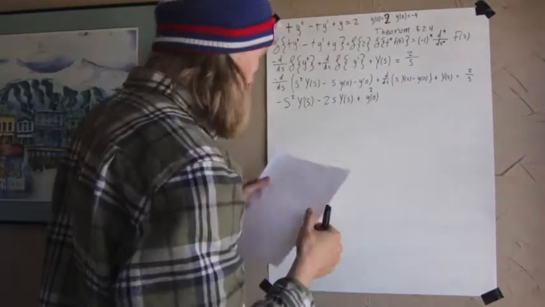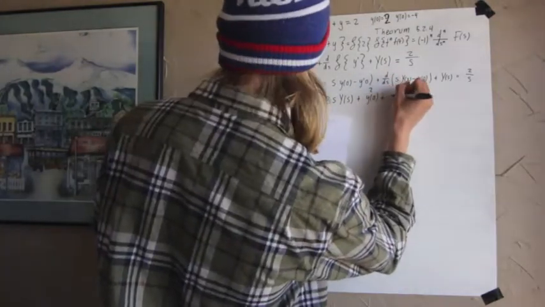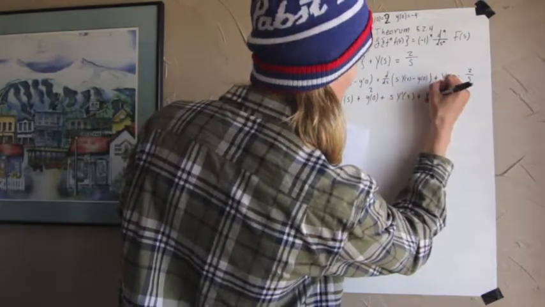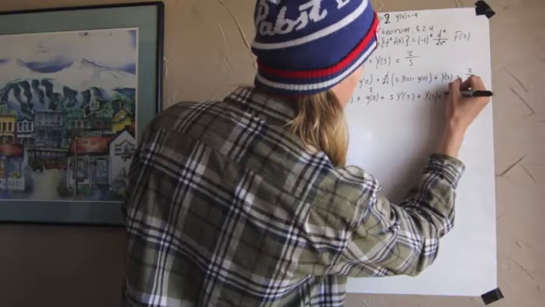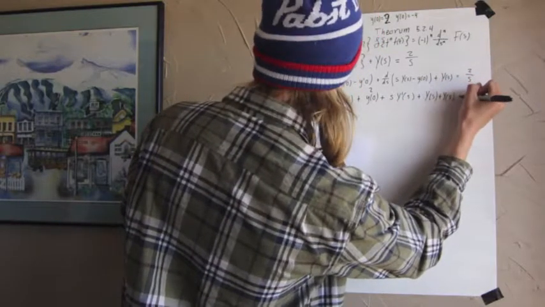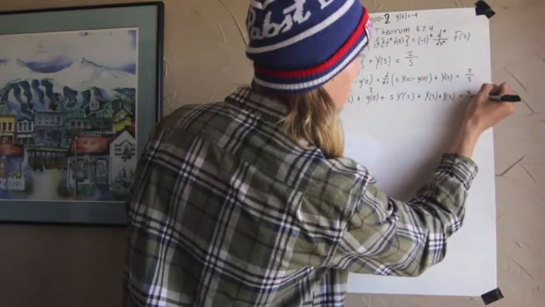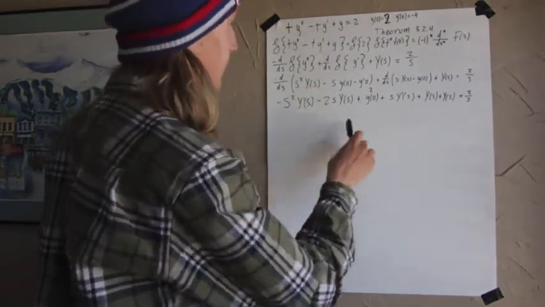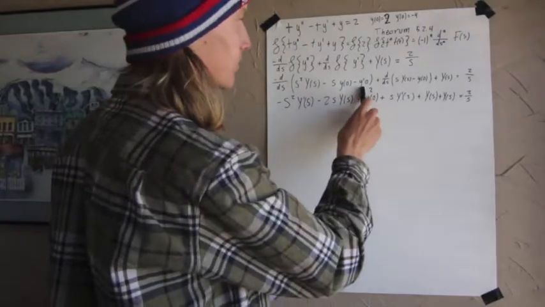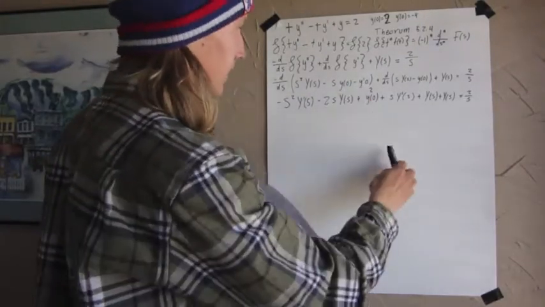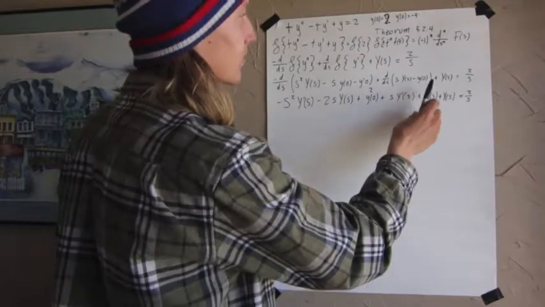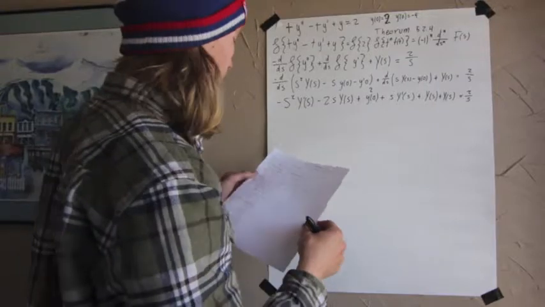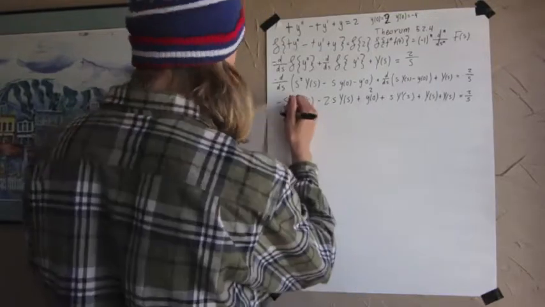I'll write it above. Plus s Y prime of s plus Y of s plus Y of s equals 2 over s. Again, that was just the product rule of this one, and then the derivative of this, simplified, product rule of this one, and then derivative of this one. No big deal.